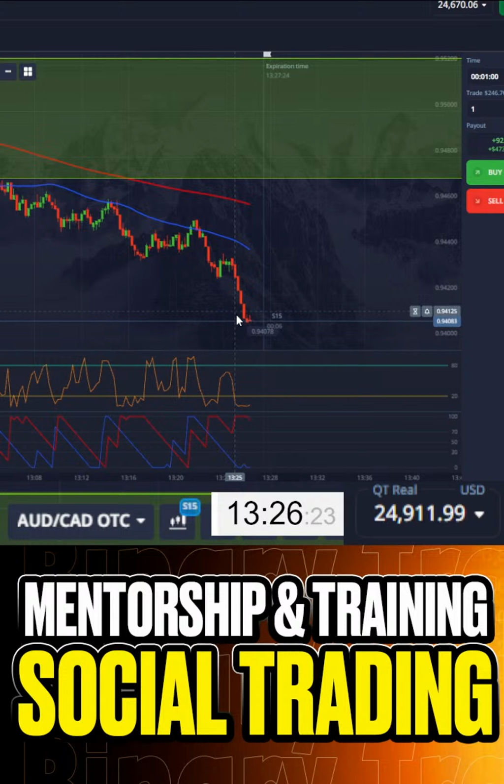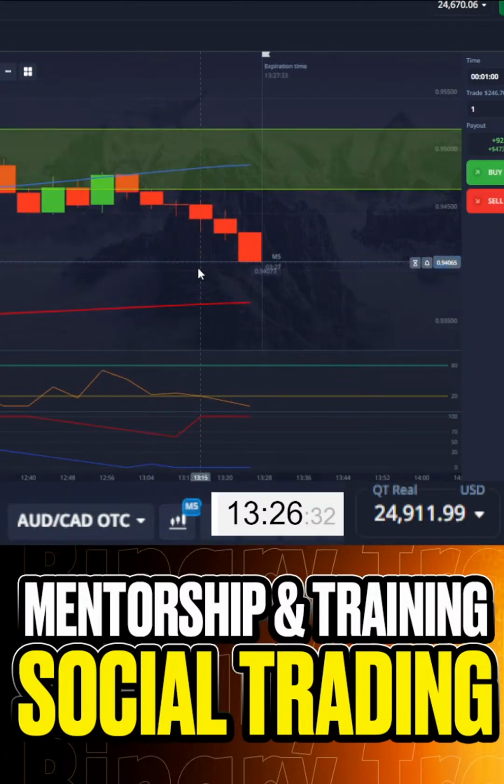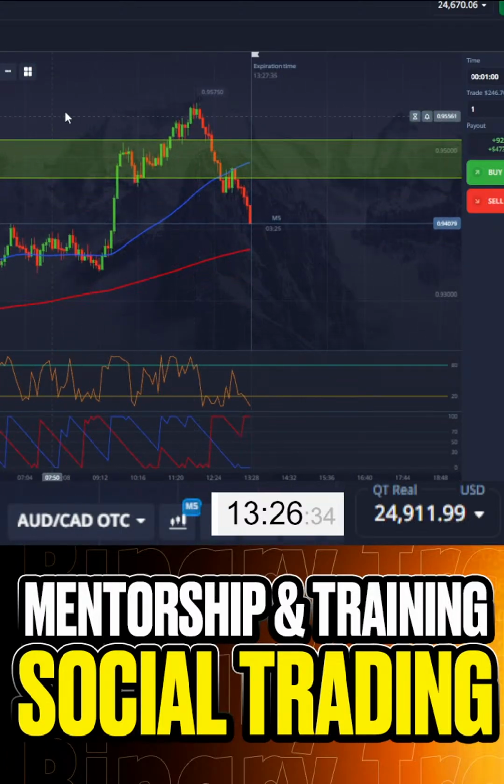Oh, Australian Canadian dollar, very interesting. It gets the dip. Let's take a look at M5 and see what is going on. We can see the downward trend is not good to trade because the price needs to touch this level. And we need to wait for it.